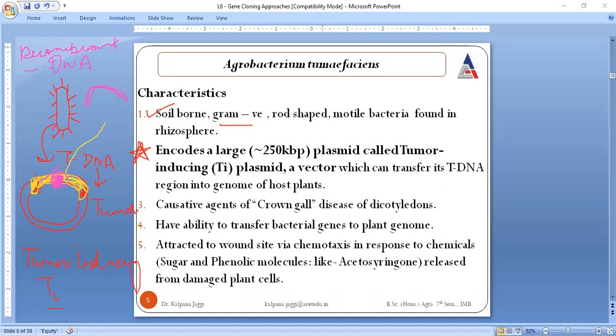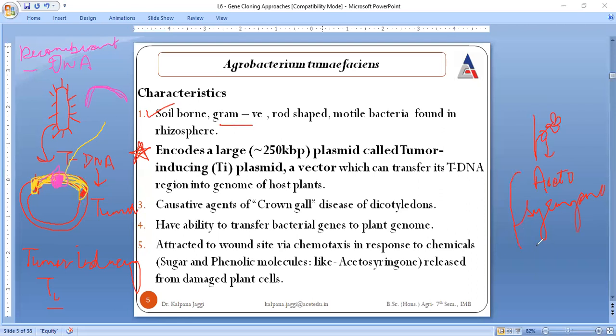Actually, what happens is, when any plant is wounded, that is, it has met an injury, the wounded region releases a chemical called acetosyringone.